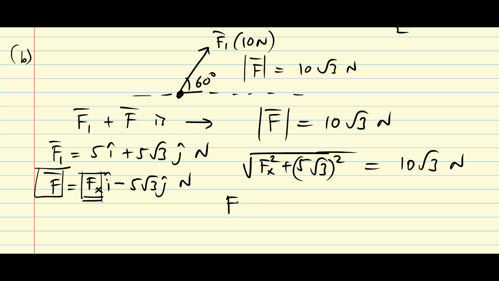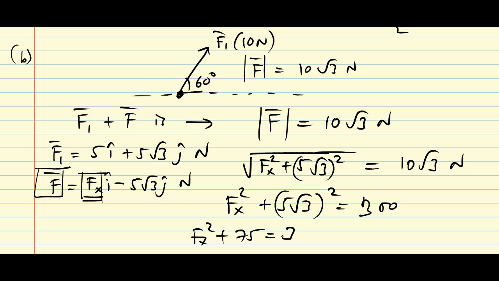Square both sides, Fx square plus 25, okay, 5 root 3 the whole square equals, on the other side I've got 100 into 3 which is 300, so Fx square plus 25 into 3 is 75, that's 300, take 75 to the other side, it becomes 300 minus 75, which is 200.